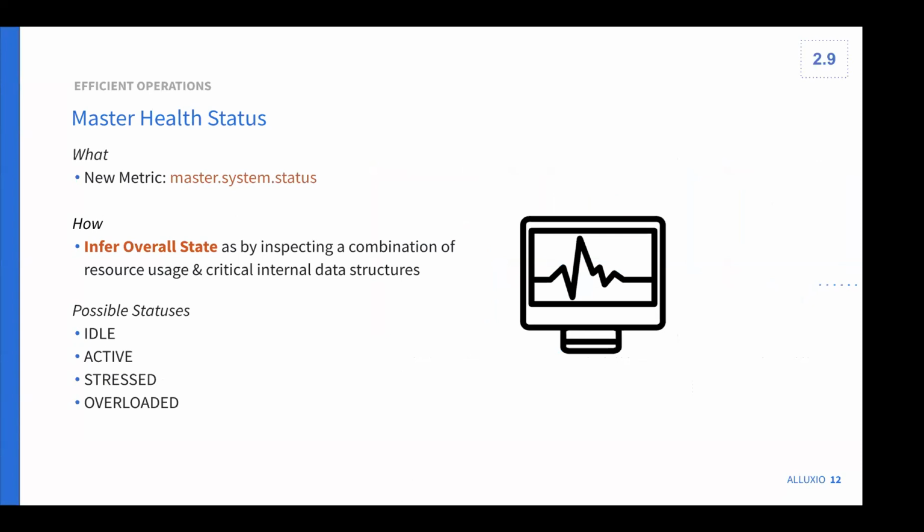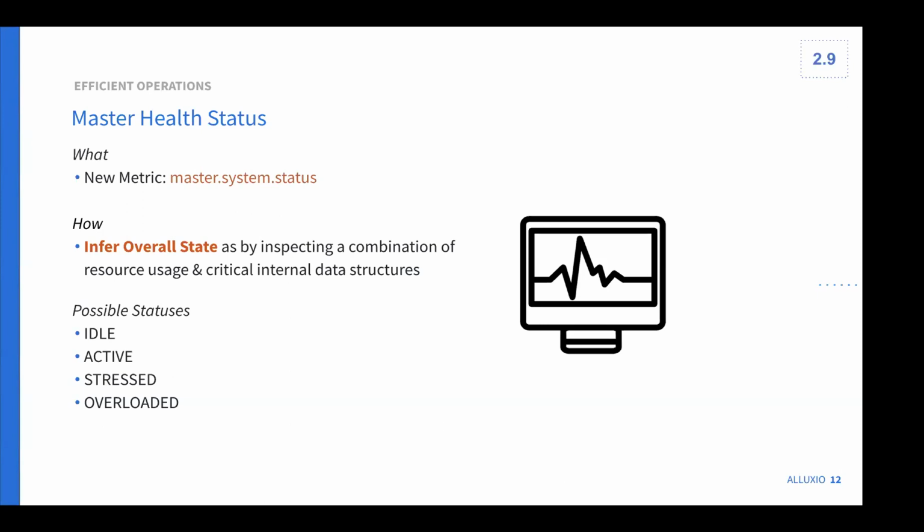As you know, the Alluxio master is a very critical component of Alluxio, and one of the things that is often a concern is when I'm scaling my platform, how do I know that as I add more workloads to the platform, do I need to upgrade my hardware to get better resources? Do I need to size my cluster up? And do I, in general, need to change the state of the cluster?